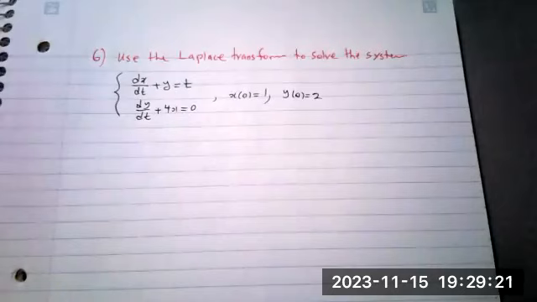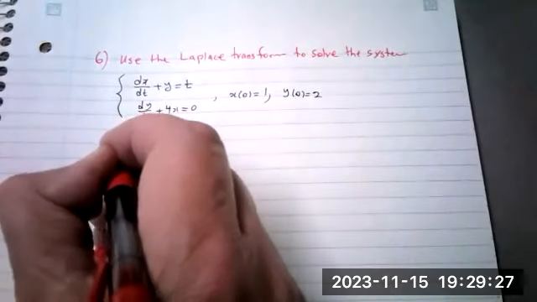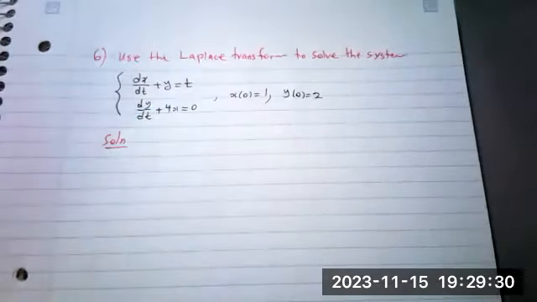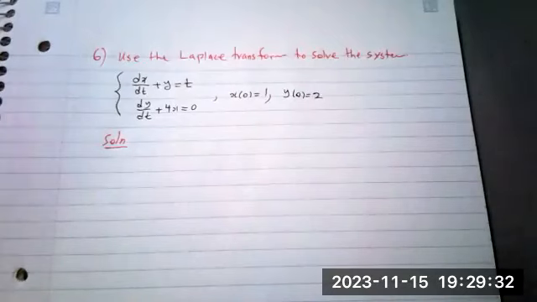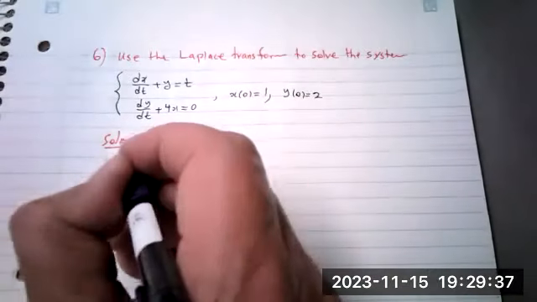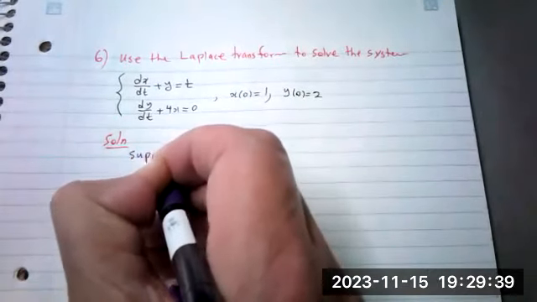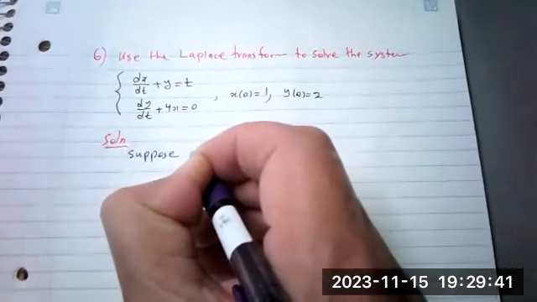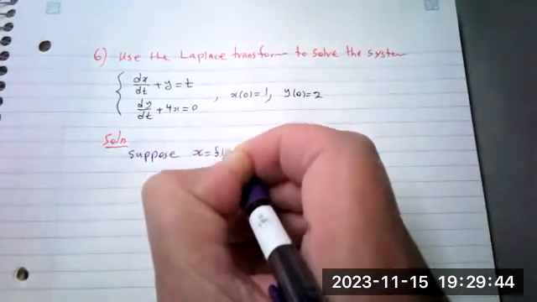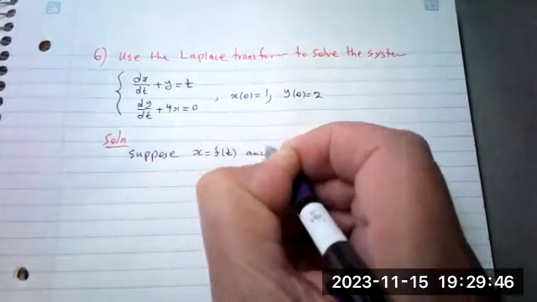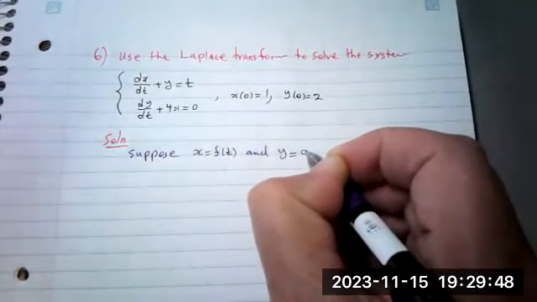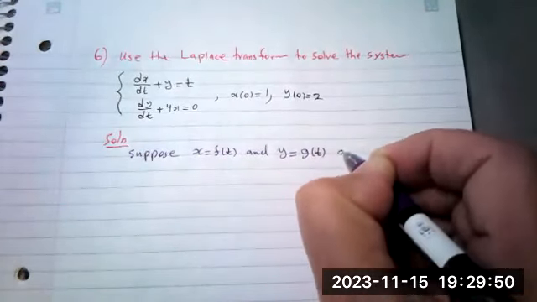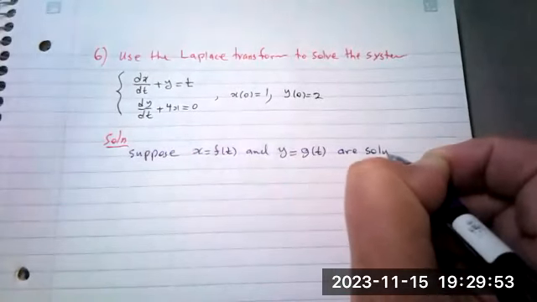You have to wait, because this is not a homogeneous system. That's why we give you something different. But eventually you are going to be able to do this one as well. So I change the notation, which is optional. I suppose that x equal to f of t and y equal to g of t are the solutions.